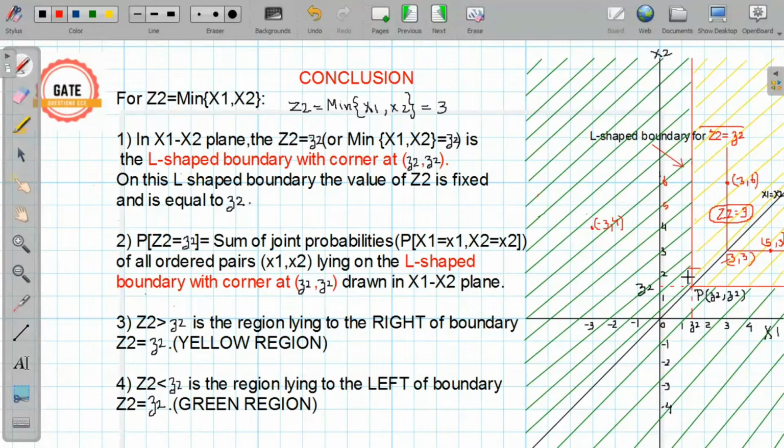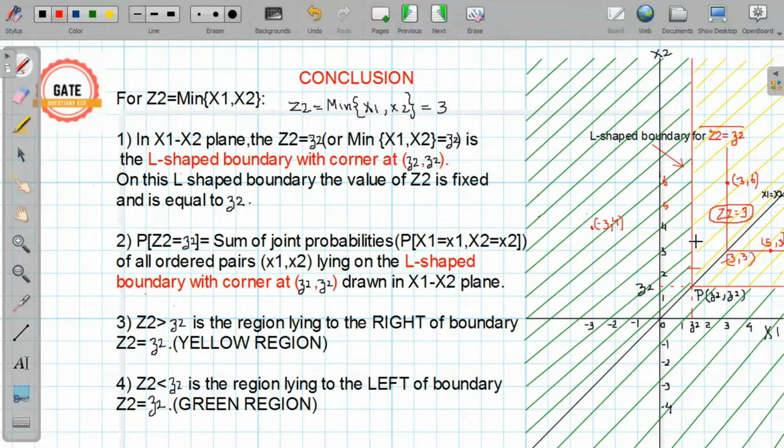If there are no points in the joint distribution of x1 x2 that are lying on this boundary, then this probability will be 0. It will be non-zero only if the joint distribution of x1 and x2 has points lying on this boundary.